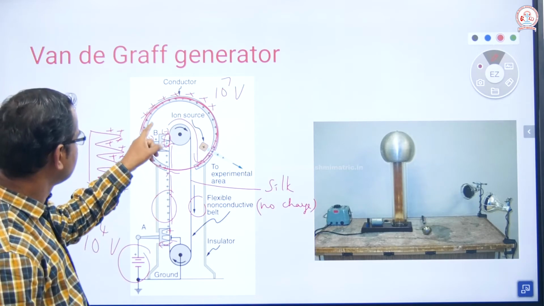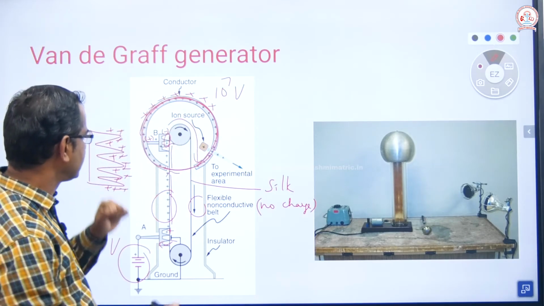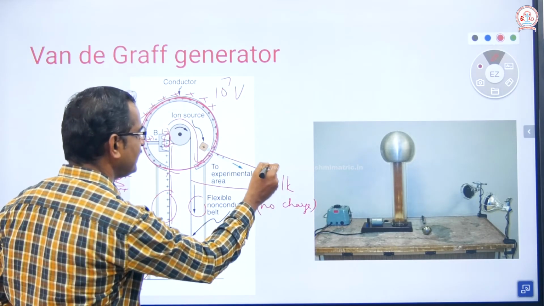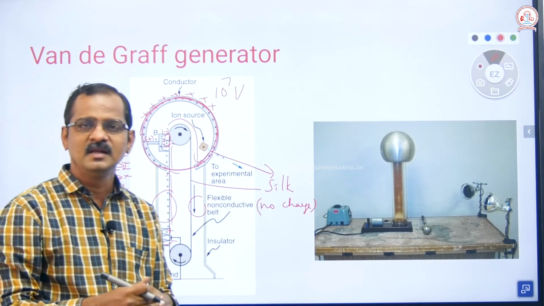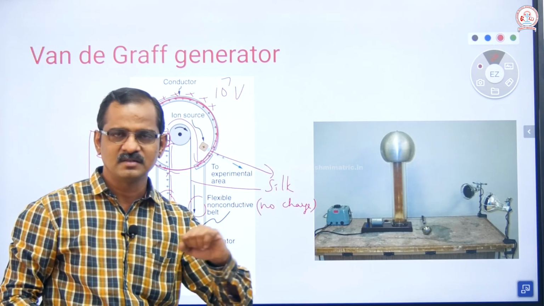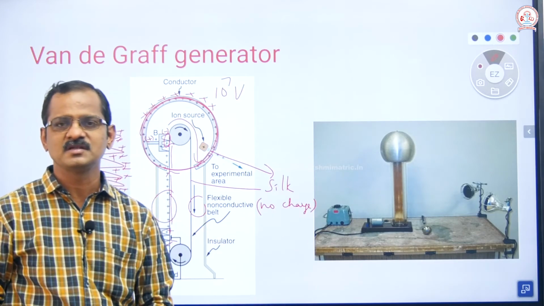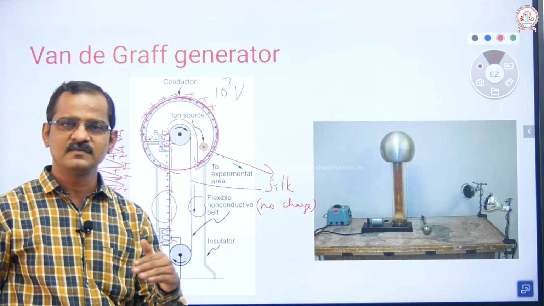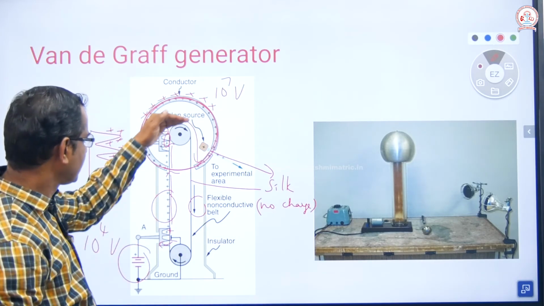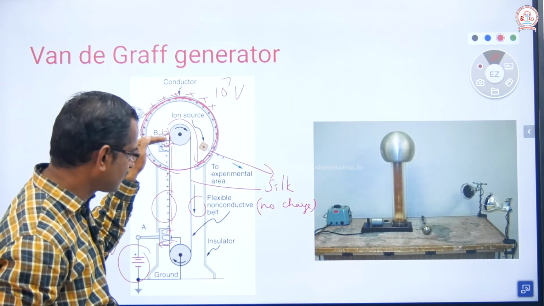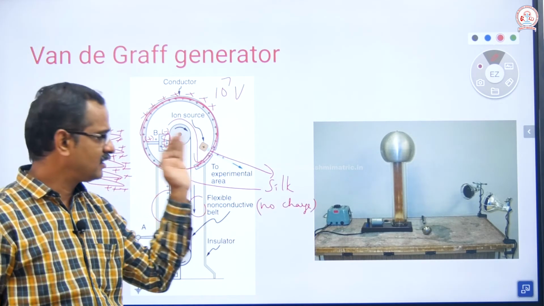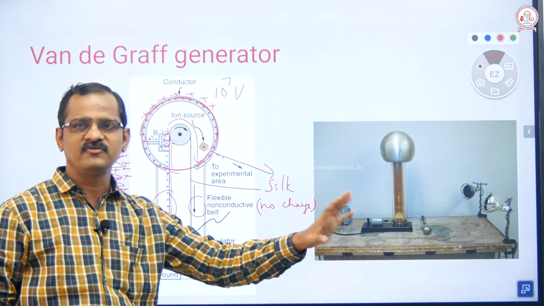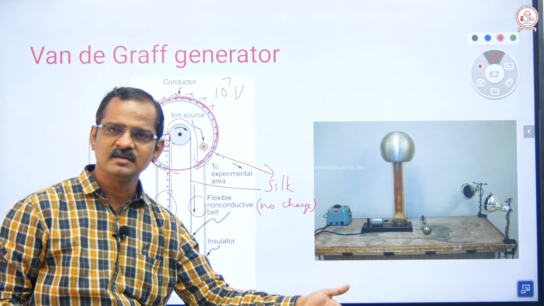And also the positive charges which are here can be accelerated. It can increase the speed, isn't it? Rate of change of velocity is acceleration. We can accelerate that so that its speed increases, and it goes and strikes a target for some other purpose, maybe for nuclear disintegration.